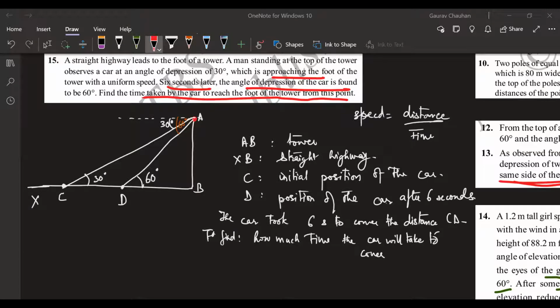Waiting for others. What is it exactly asking? Find the time taken. So which distance are we waiting for the car to cover now? Deepak has got it. Okay, I'll wait for people to think. I'll give you 30 seconds to think. Which distance's time is it asking?